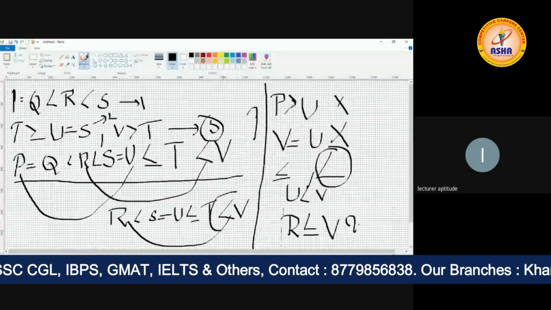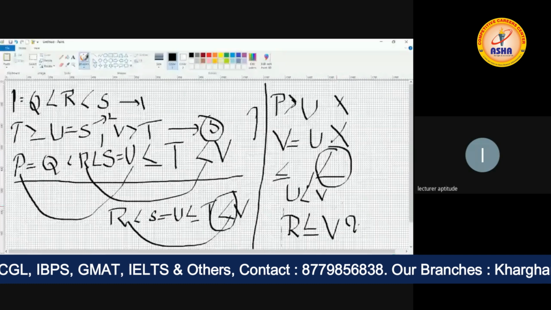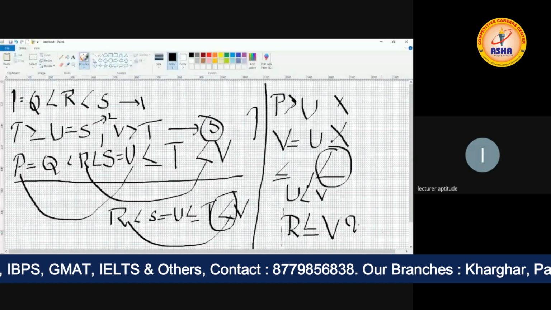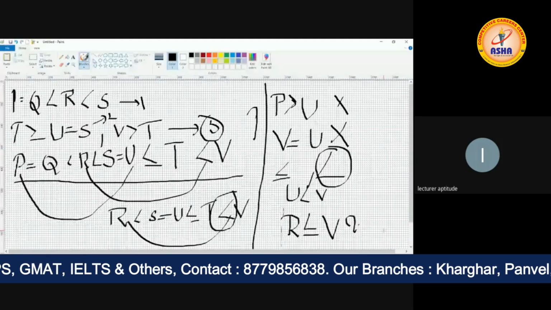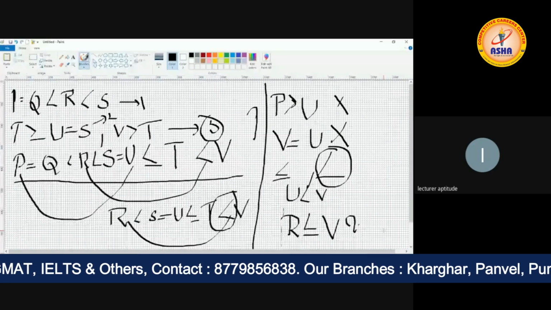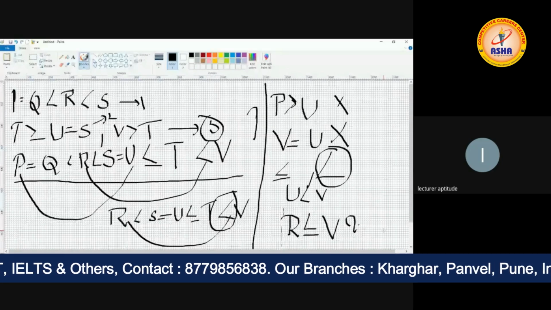So the correct relation between R and V is R < V. But the statement is R <= V, which is absolutely wrong.